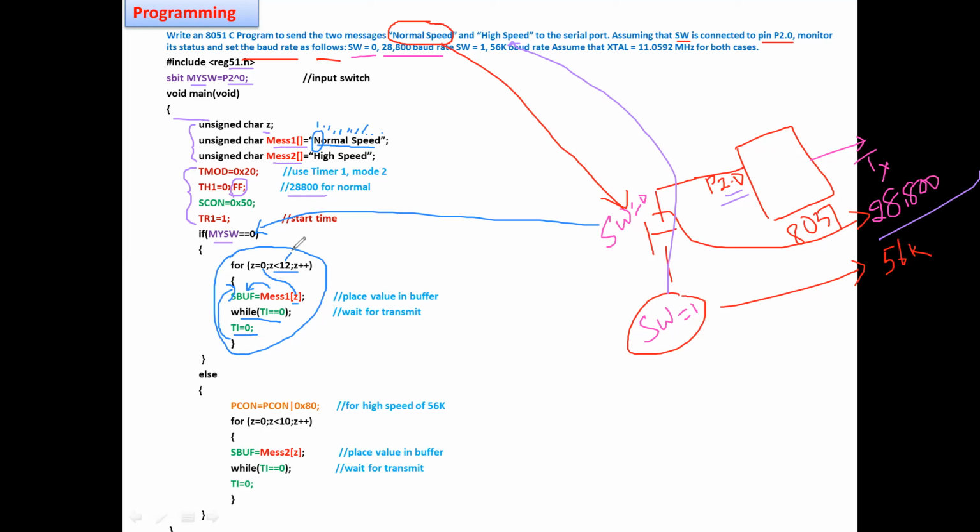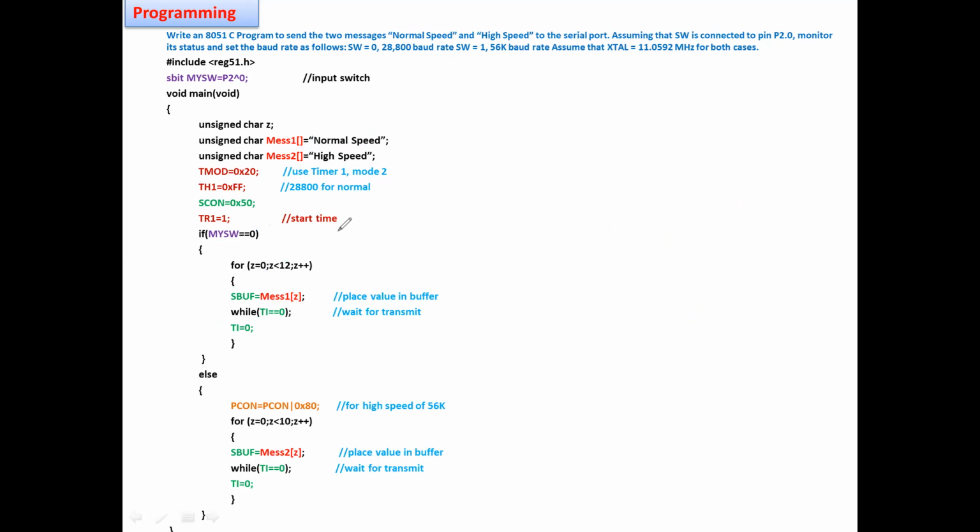So 11 elements are there within the double quotes. You can transfer this just by moving your array value one by one to the SBUF. This will be sequentially executed. Now, this is at the baud rate of 28,800.